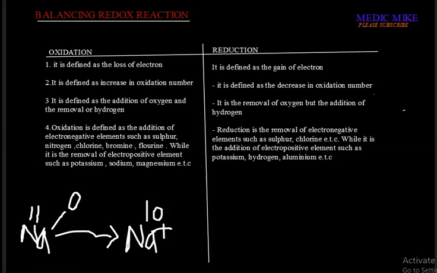We have 10 electrons there and 11 protons. So you can see that it is unevenly distributed. So at this point the charge here will be +1. So you can see that oxidation reaction involves the loss of electron number 1, and it involves the increase in oxidation number.